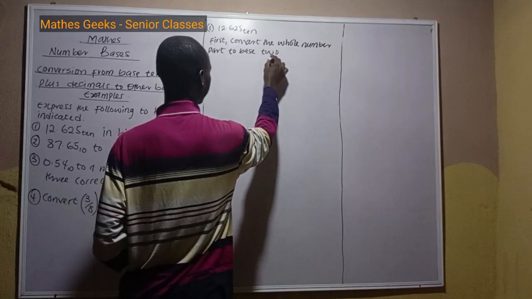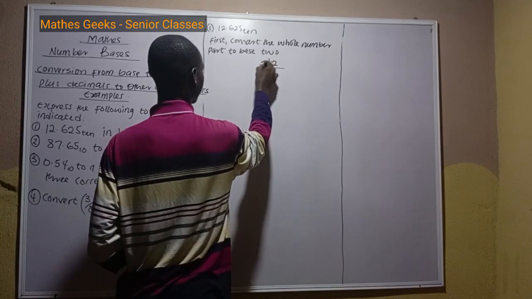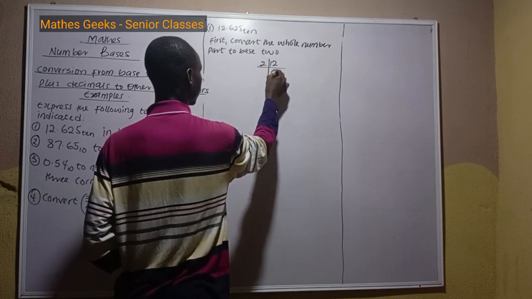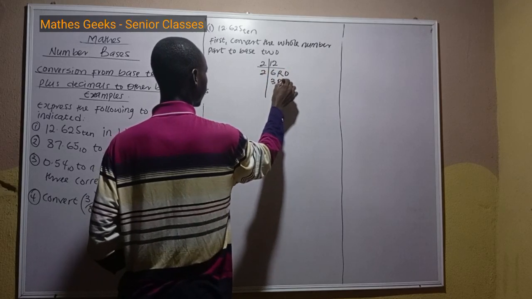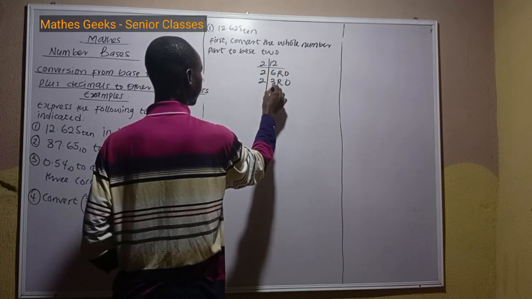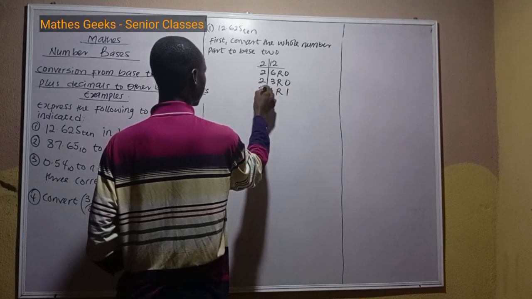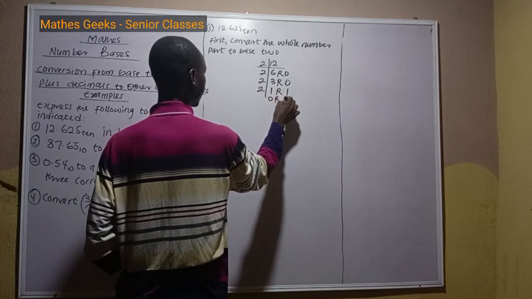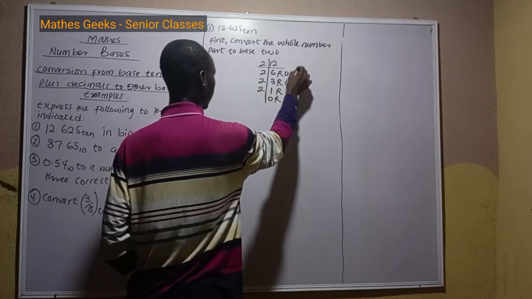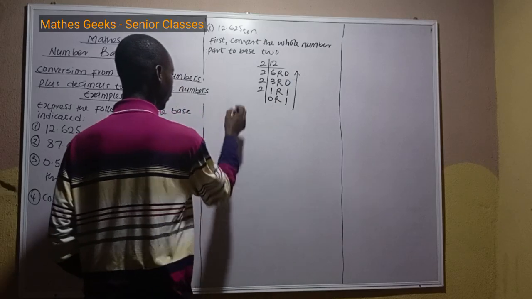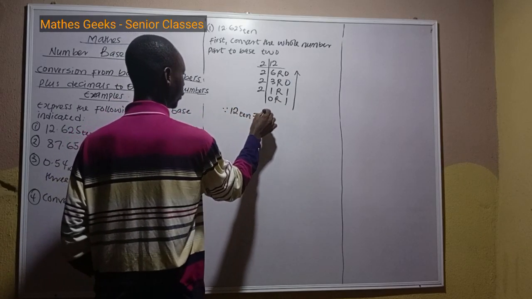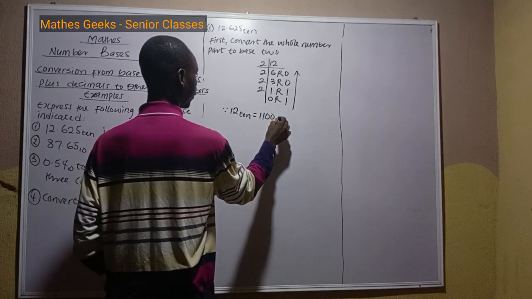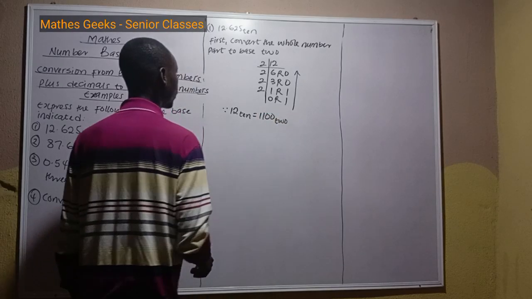So 12 divided by 2: 2 into 12 is 6 remainder 0. 2 into 6 is 3 remainder 0. 2 into 3 is 1 remainder 1. And 2 into 1 is 0 remainder 1. So we take our answer from bottom to top. Therefore, 12 base 10 is 1100 base 2. So that's the whole number part.